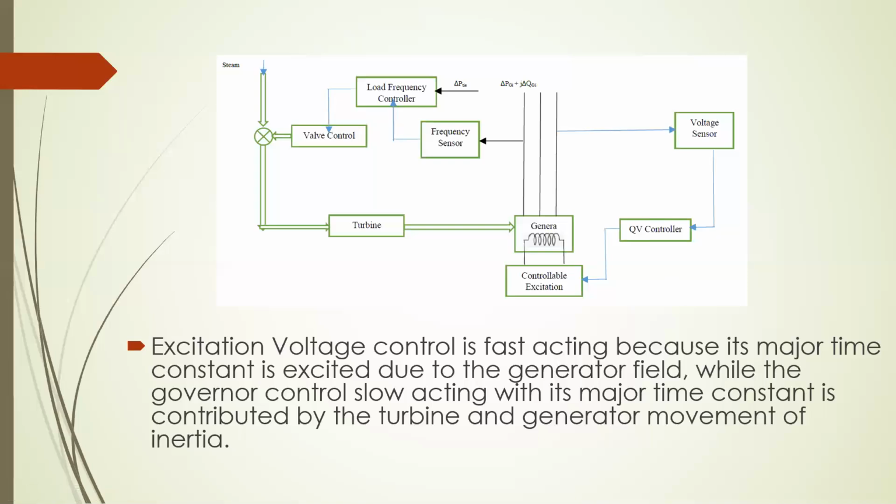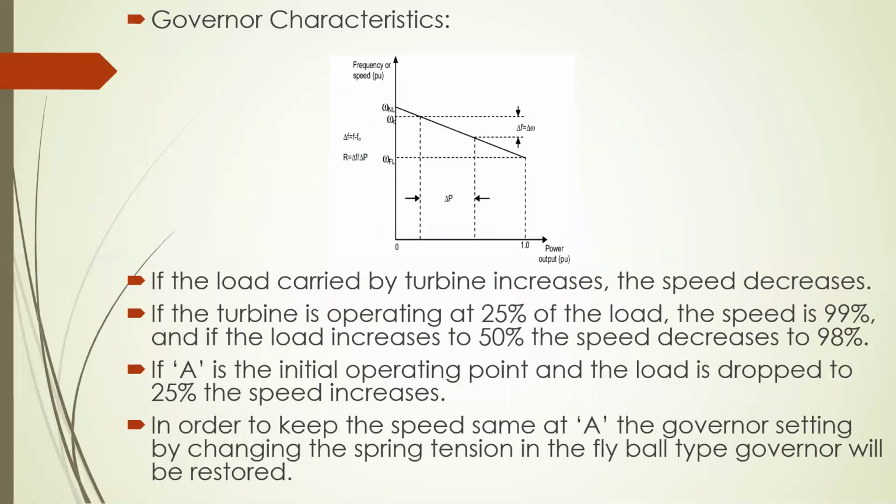There is a 10 volt difference. That 10 volt difference is given to the controllable excitation to increase the voltage by 10 volts to get the output voltage as 415 volts, to maintain the V by F ratio as constant, right? So this is the explanation of the complete block diagram of a power system control, right?